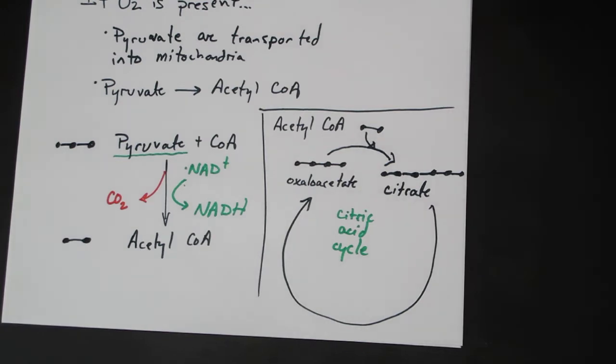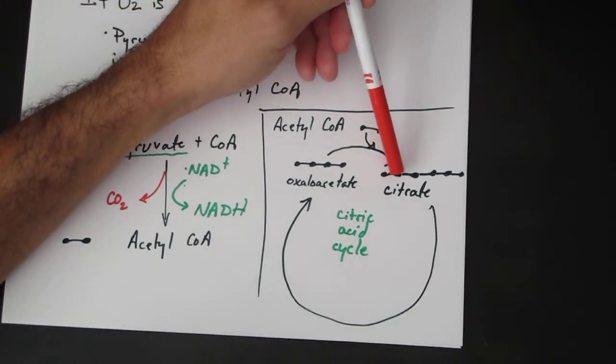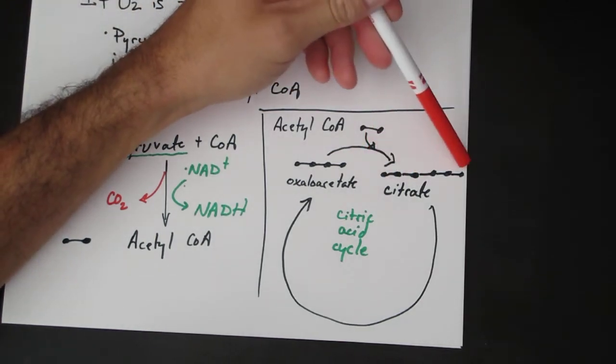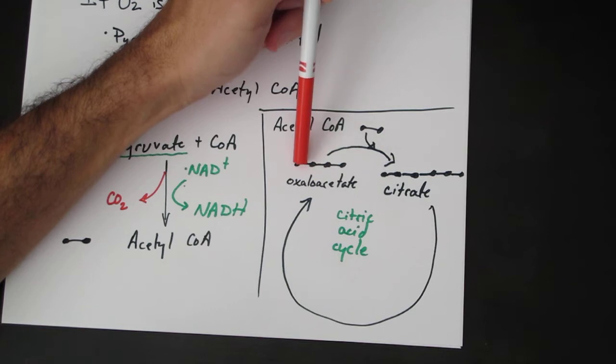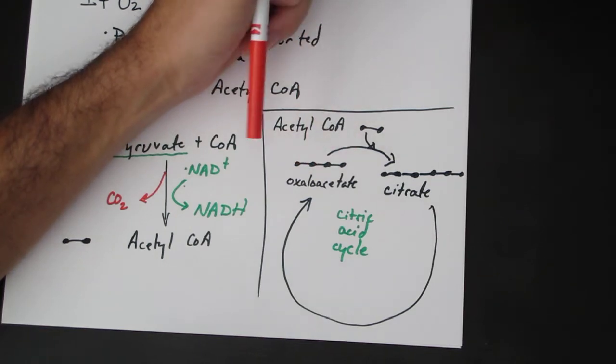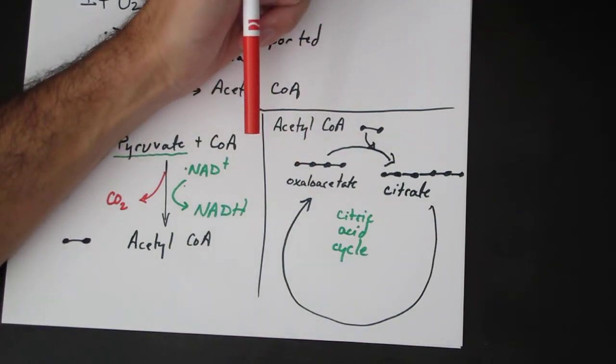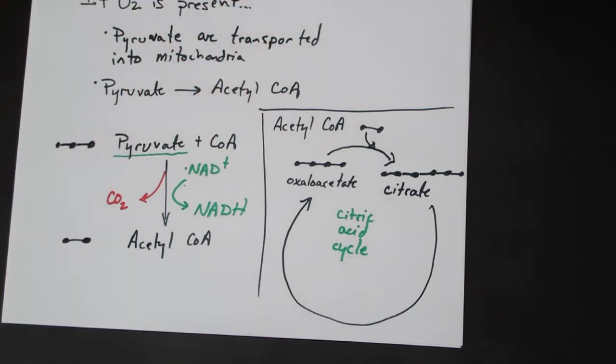All right. Well, again, let's go ahead and tackle something that hopefully is a little bit obvious first. The first thing that we see happening is we have a 6-carbon molecule getting eventually cycled back to a 4-carbon molecule, meaning that we lose 2 carbons somewhere in the process.